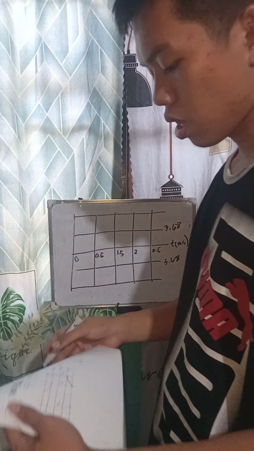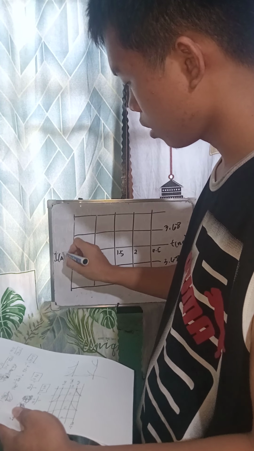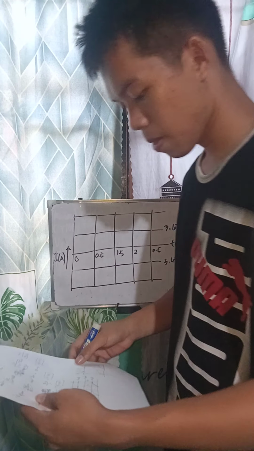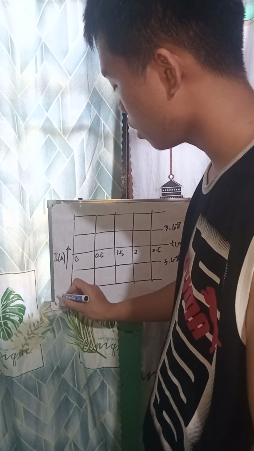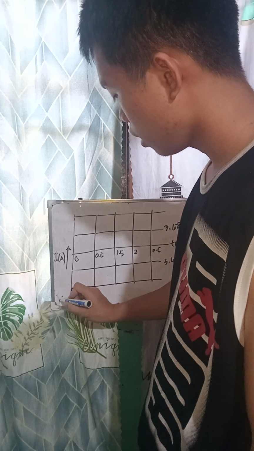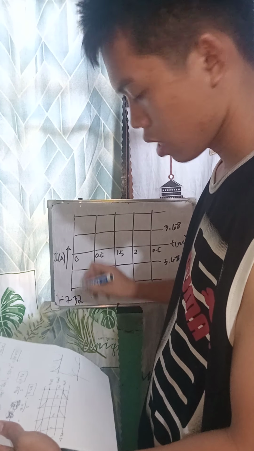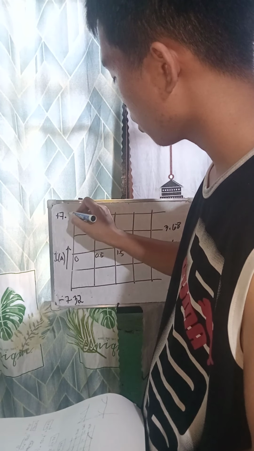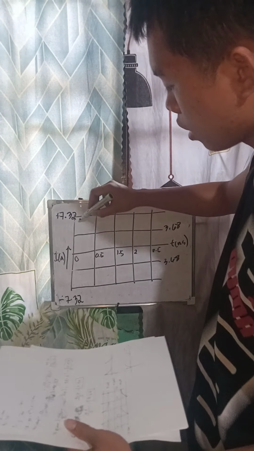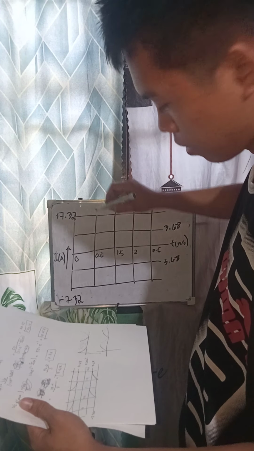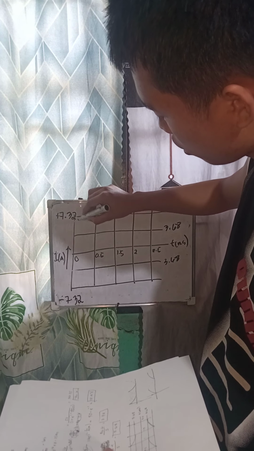Then this will be the I. Then from here our maximum and minimum would be negative 7.32, and then for the positive 7.32. So try to sketch or scale that so we can draw that here.